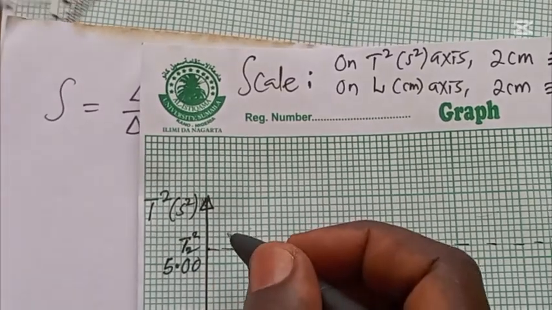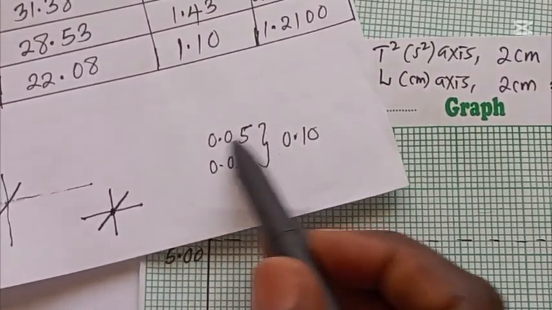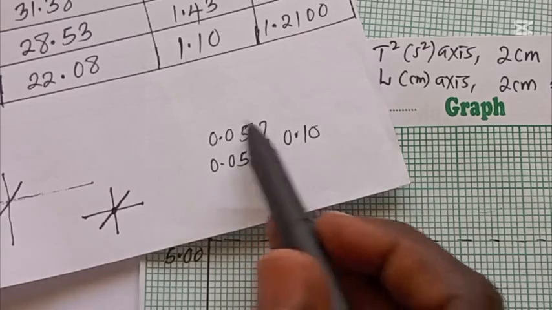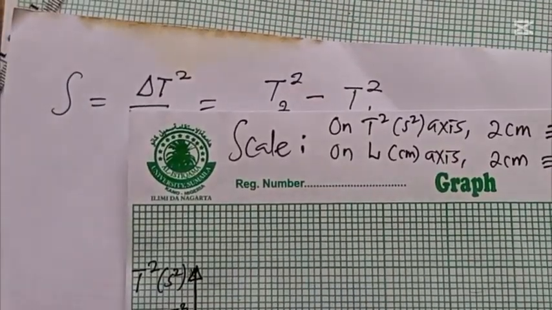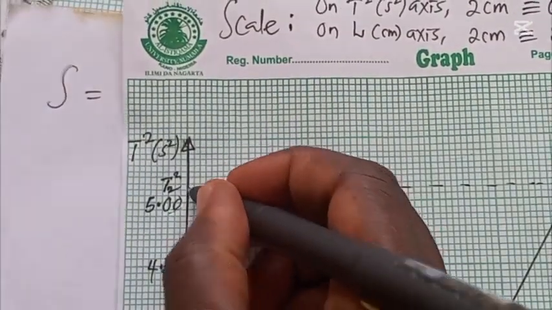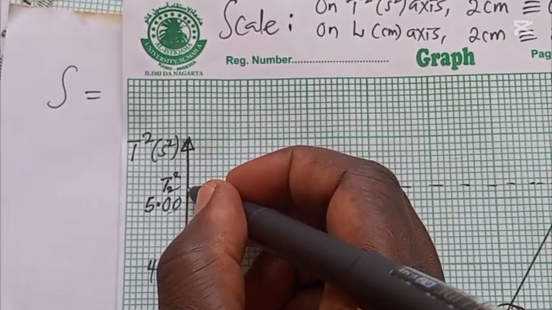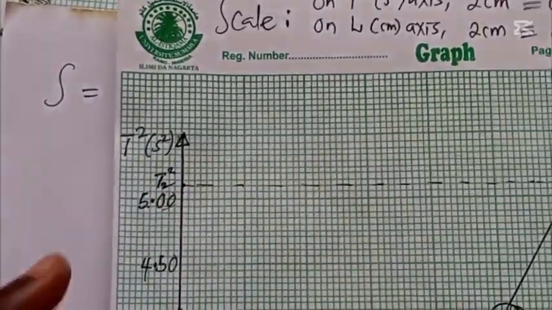I remember we say every small division on the vertical is 0.05 and two of them make 0.1. So if this is 5.00 and you have 1, 2, this 2 will be 0.1. You add it to 5, this should be 5.10.